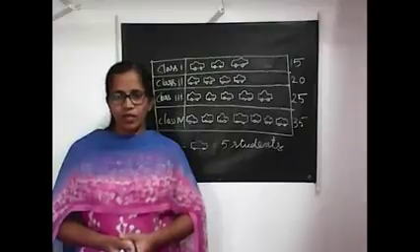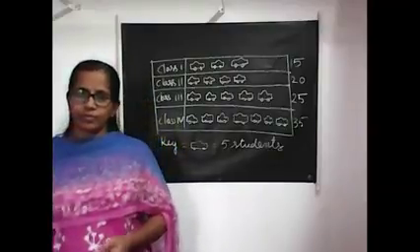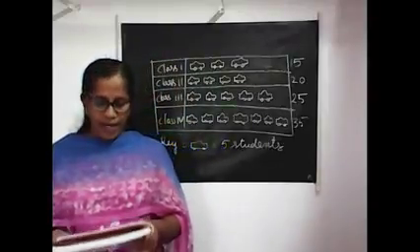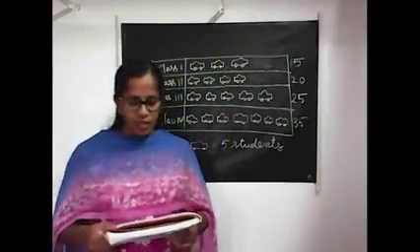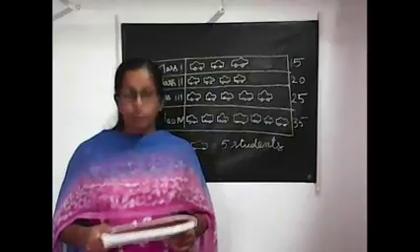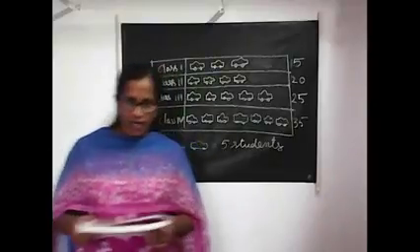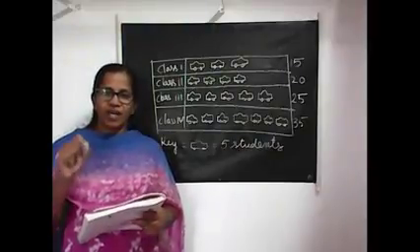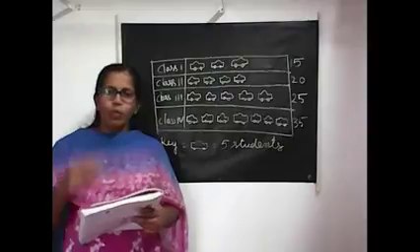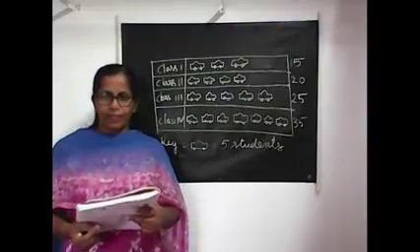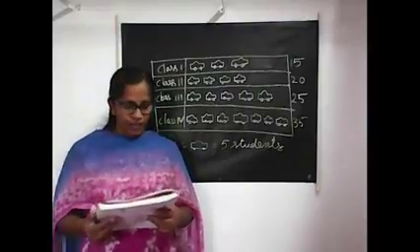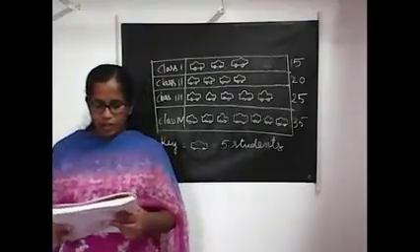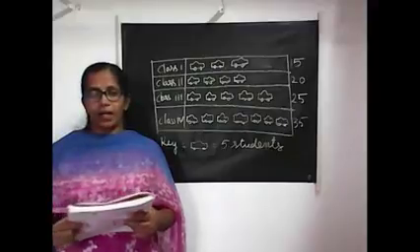Then shall we move to the questions asked? Yes. See the first question. Class dash has the maximum number of students who travel by car. Read it once again. They are asking which class has more students who come by car.